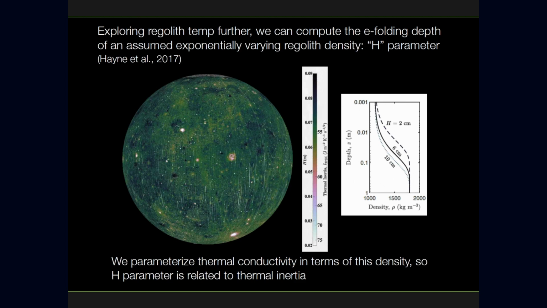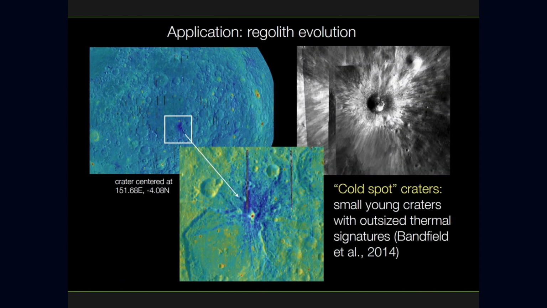And so the result here is this map on the left, which shows it is a very rich source of information about the physical properties of the regolith. Now on the next slide, I'll talk about one very interesting and unique implication or application of this information.